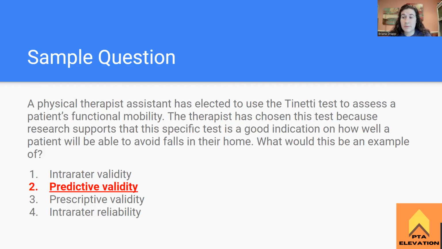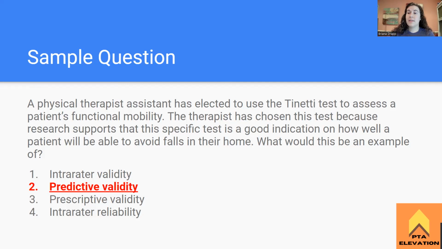If it was prescriptive, we would say because of this score, the therapist has elected to use Romberg stance, balance, hurdle, and negotiation exercises to improve mobility and balance. If we had seen that the patient scored a specific score and then we decided to do a certain intervention because of that score, that would be prescriptive because we're using the test to prescribe exercises. So that would be incorrect because there's nothing in here saying that.